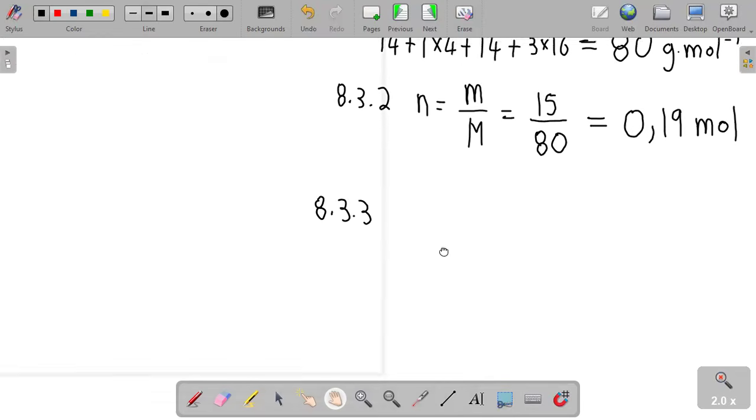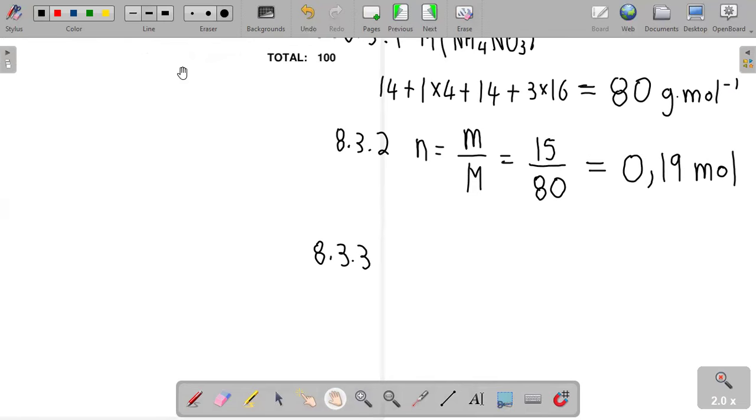So we should get the number of moles first. Or, okay, we can do it this way. n is going to be equal to volume divided by molar gas volume. And then we can substitute the n with m over M. So we can say mass divided by the molar mass equals V over Vm.